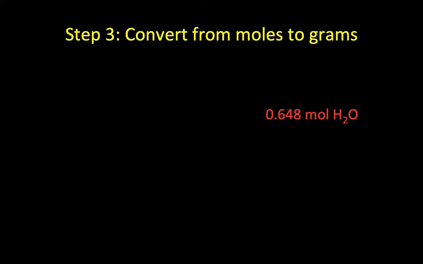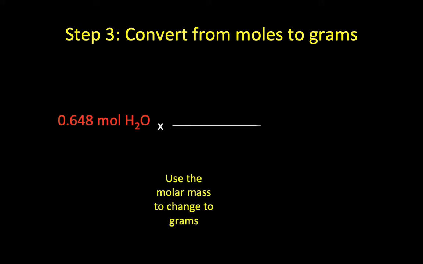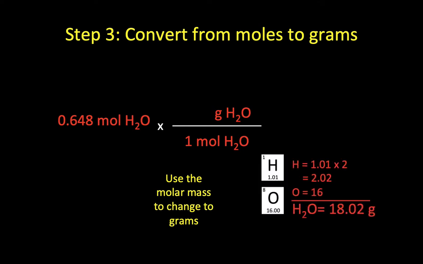In step 3, we're now going to convert from moles of water into grams of water. Much like the first step, but flipped, we're going to be using the molar mass. Since we're looking for grams this time it goes on top, and moles go on bottom. Again, we get our mass from the periodic table.